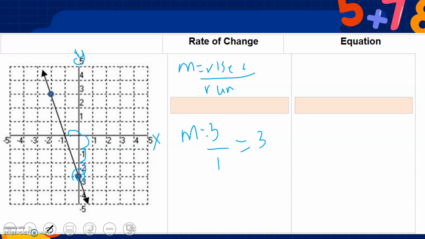Now, I'm going to take a step back because the slope is negative. This will be negative 3. And so our equation is now y equals negative 3x. Here's our y-intercept, which is negative 3. So minus 3.